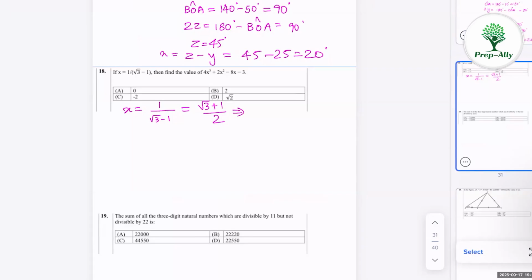So from here we have 2x minus 1 equals root 3. If we square this on both sides, we get (2x − 1)² = 3. From here we have 4x² − 4x + 1 − 3 = 0, or just 4x² − 4x − 2 = 0.